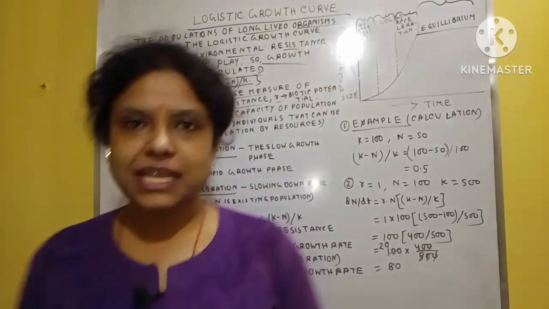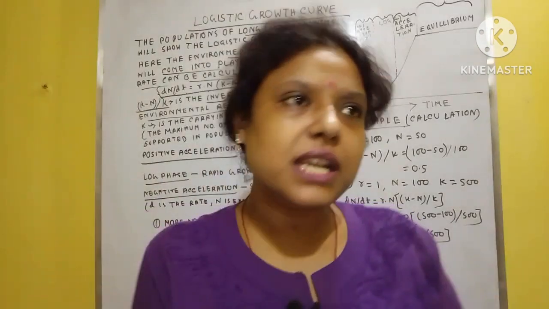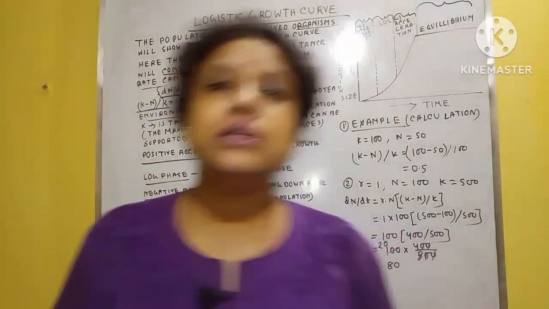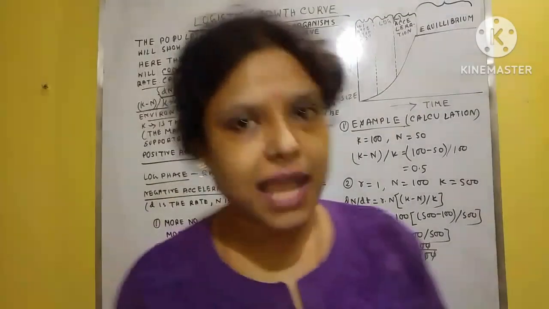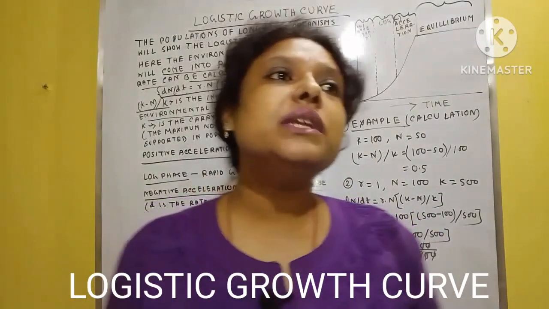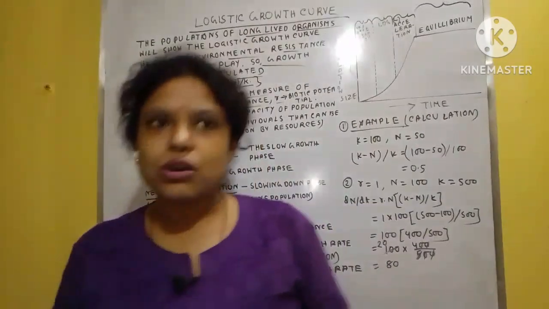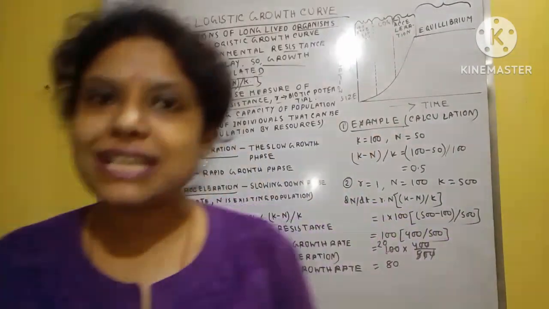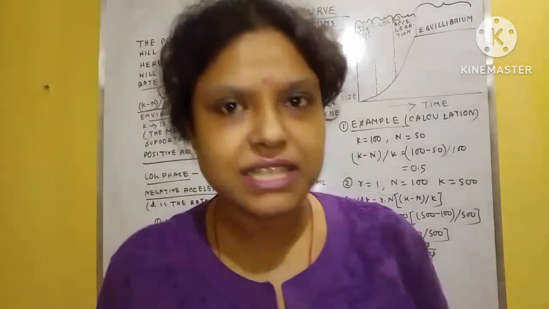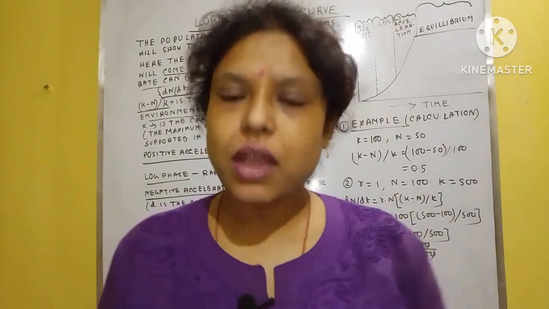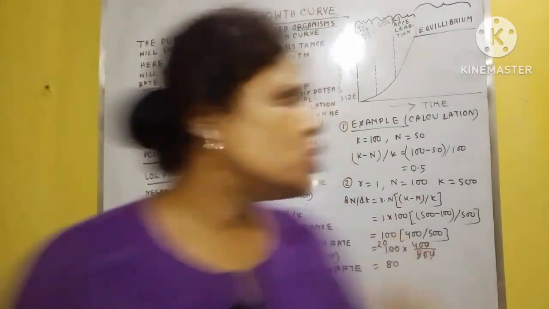If the resource material in a habitat is very high, the number of individuals is very high, or maximum. Where the resources are limited, the number of individuals is also low, or minimum.